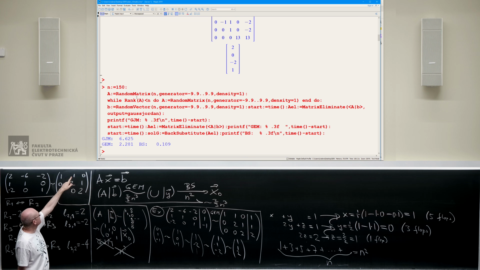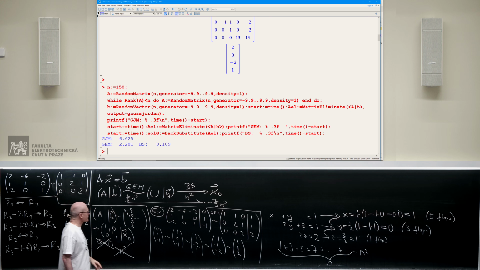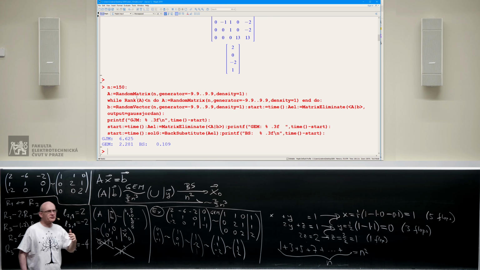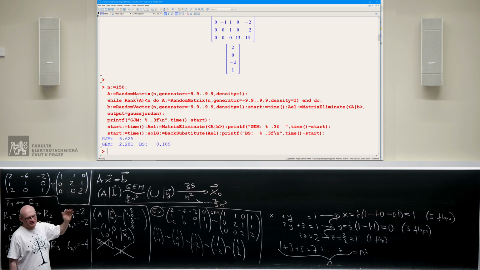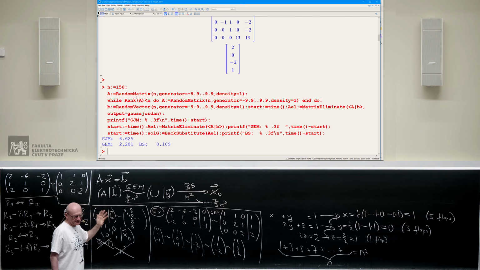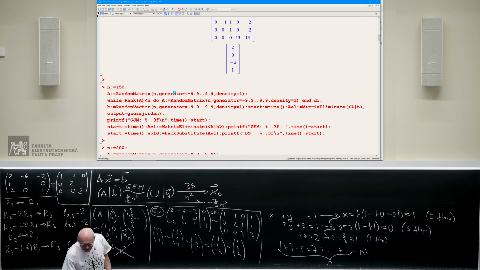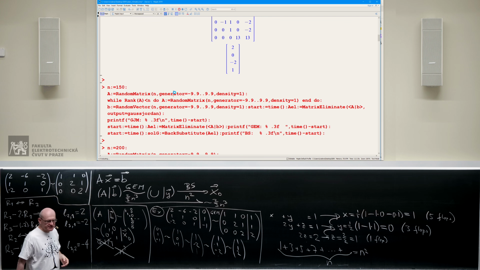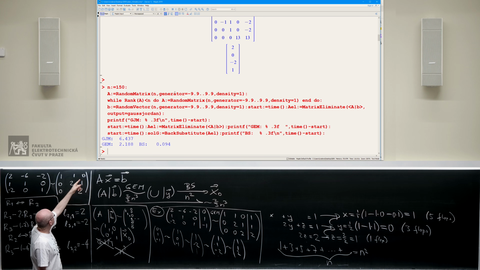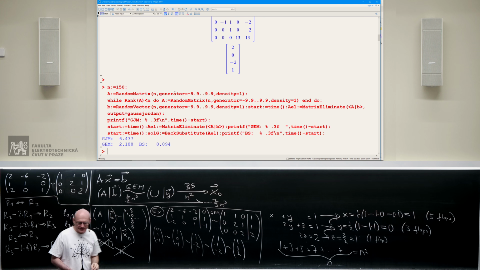So I would expect something like almost less than 4 seconds for the GJM, but it's significantly more because there are also more things happening with memory management, things like that. So in reality, it's even slightly worse, very, very often, okay? But this is a typical situation. If I run it again, I expect to see similar numbers, something like 6 seconds. Yeah, here we go, and Gauss elimination.